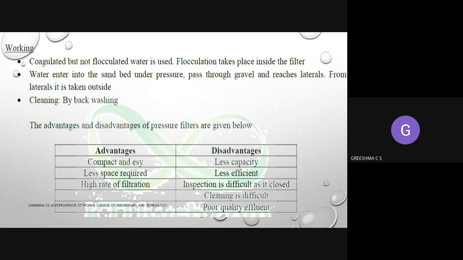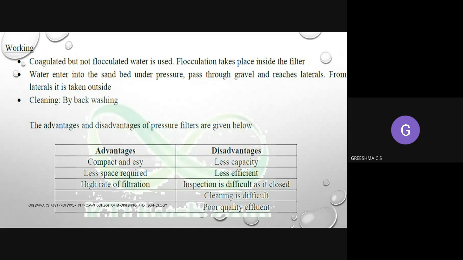So here coagulated but not flocculated water is used, and flocculation takes place inside the filter. Water after the coagulation will be taken into the chamber. Flocculation might not have occurred yet. You know how coagulation and flocculation occur: first coagulation, then floc forming.